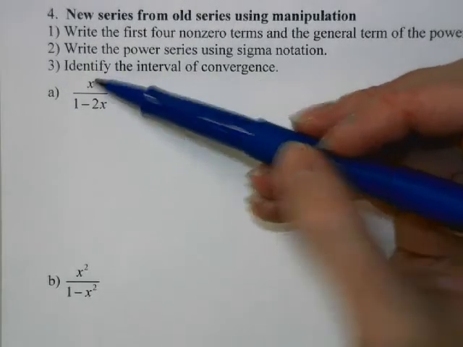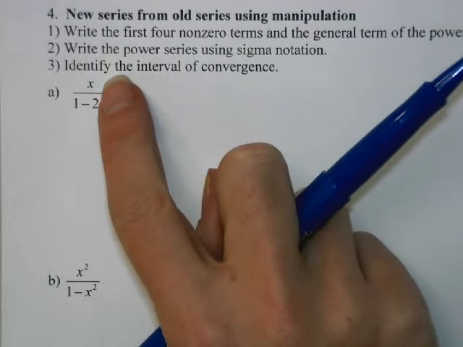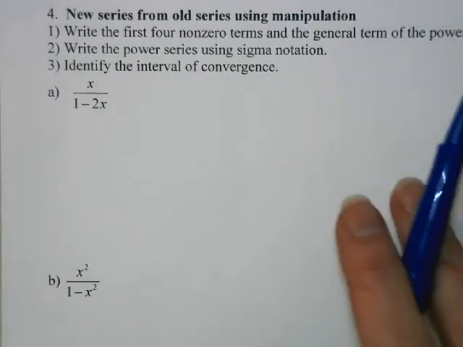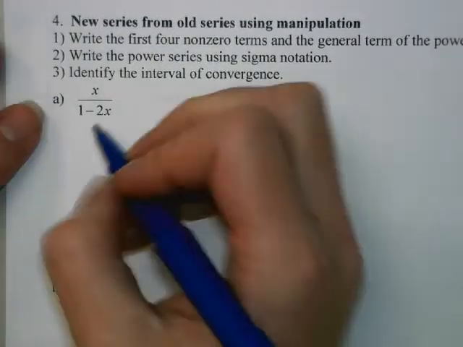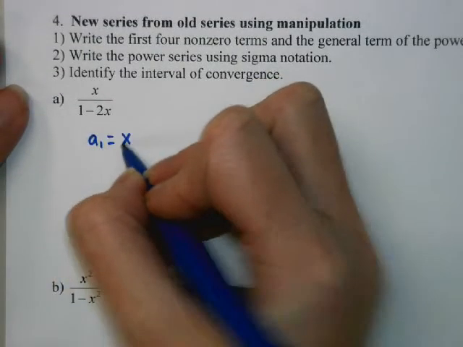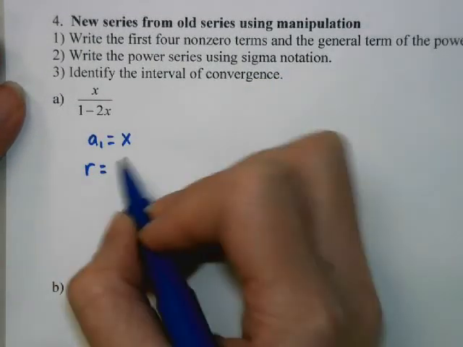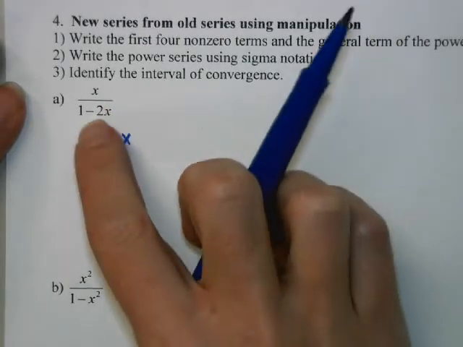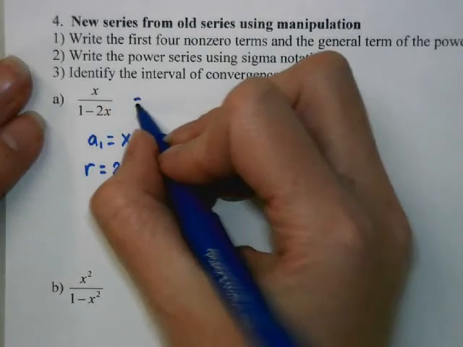These ones here, because this isn't a constant up here, you could pull that out and then just multiply by x. I'm just going to say that's my a1. So I'm just going to say a1 here is x. My common ratio is 2x. So remember, it's 1 minus r, so whatever this is, its opposite.